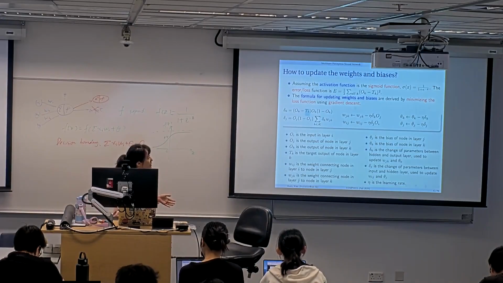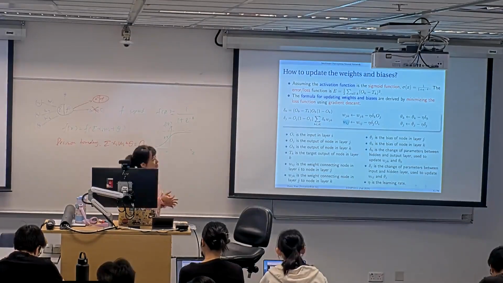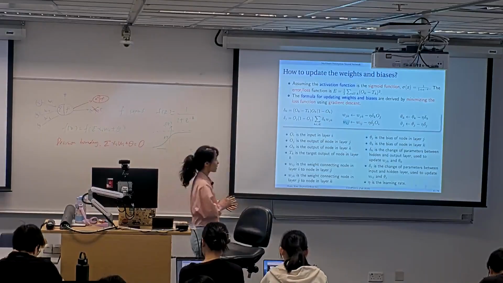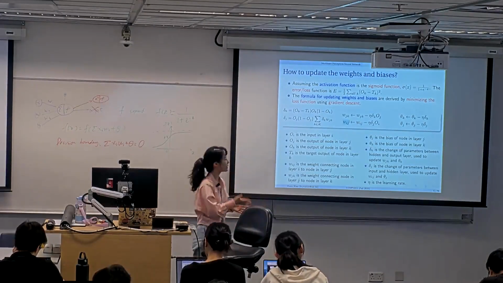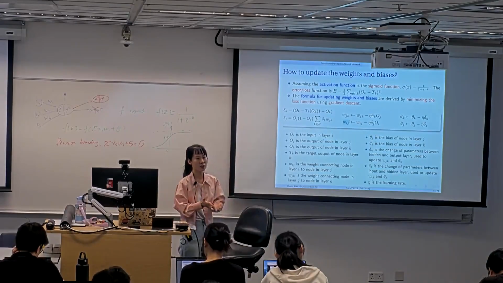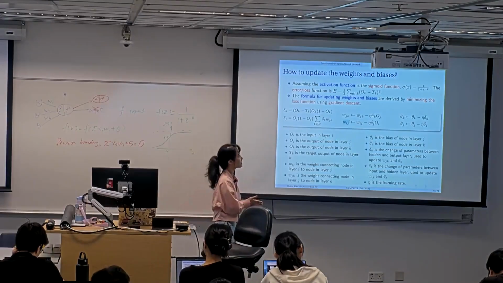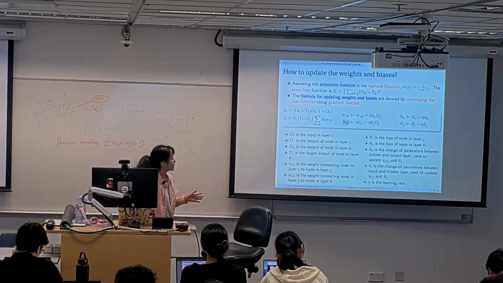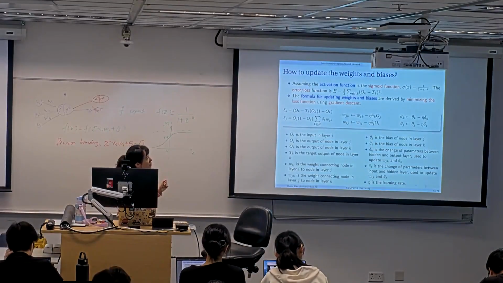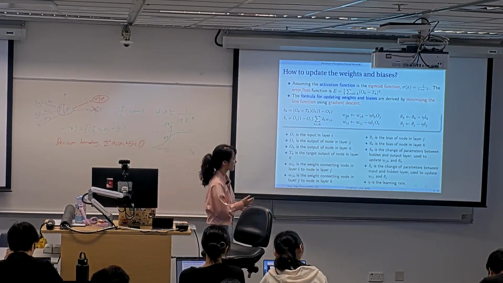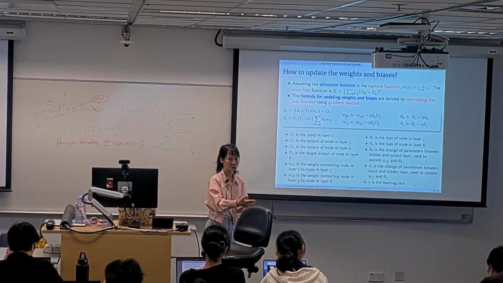Then Wij, we use two indexes, I and J, meaning that Wij is the weight connecting a node in layer I to a node in layer J, or the weight parameters between the input and hidden layer. Then correspondingly, we have Wjk. With J and K, these two indices, this is the weight connecting the hidden layer and the output layer, right?